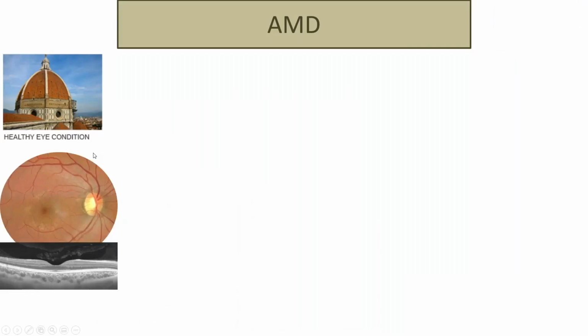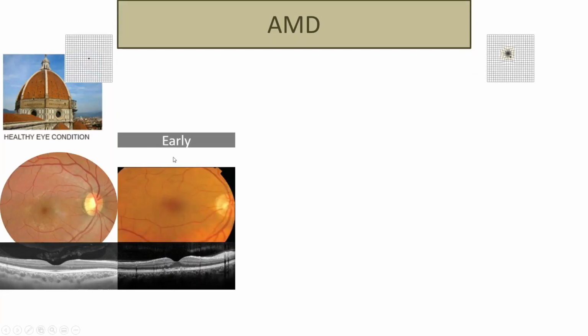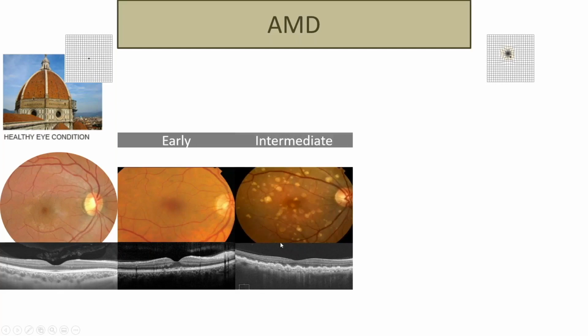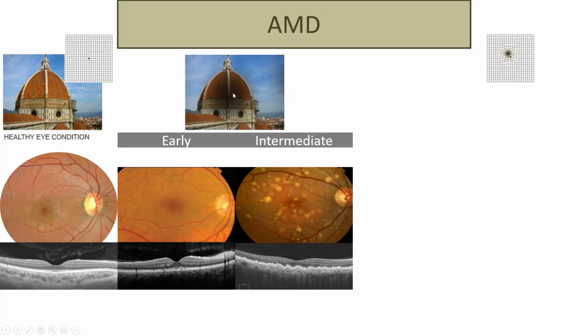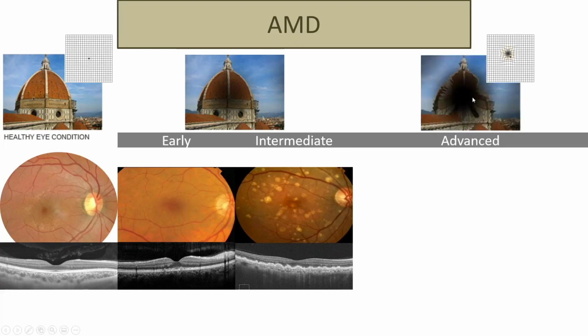In macular degeneration, like many diseases, you can go from having a normal retina with normal visual function to early macular degeneration, where it's probably very difficult to see these small yellow spots and very small drusenoid bumps underneath the retina on the OCT, to intermediate macular degeneration, where you have many more drusen, these yellow spots with drusen underneath the retina on the OCT, and you have loss of contrast vision in the central part of the visual field, to advanced macular degeneration, where you actually lose part of the central vision.